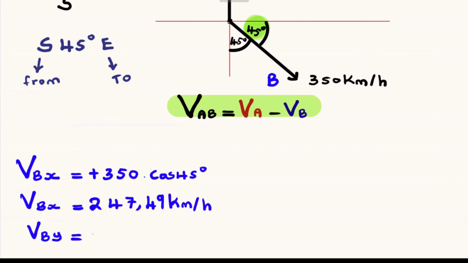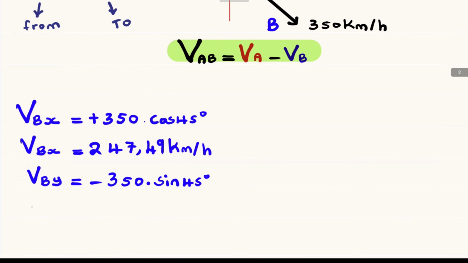And now the vertical component of the velocity of B will be equal, so it's going down, and down the south is negative, so this will be negative 350 multiplied by the sine of 45 degrees. So the velocity of B, the vertical component, will also be equal to 247, but it will be negative, so negative 247.49 kilometers per hour.